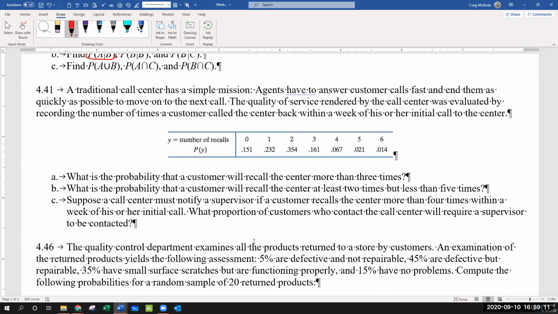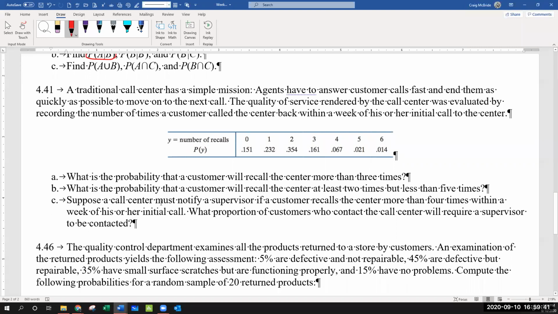Continuous, measured? If it's measured, it's continuous. If it's counted, it would be discrete. Do you count the number of calls or do you measure the number of calls? You count. So it's discrete. Very good. These are discrete.